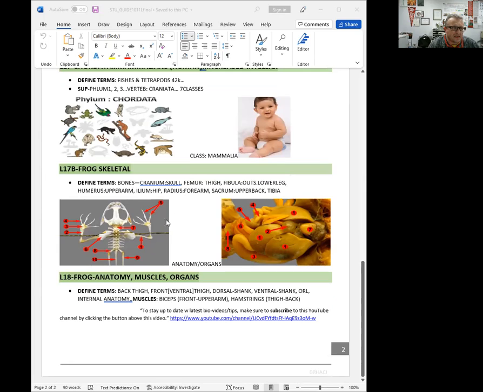Next is basically skeletal, muscle, and organ systems. The American bullfrog is our model organism here in labs 17 and 18. So you need to be familiar with frog skeletal anatomy, major organs, and frog muscles. There are a lot of similarities, obviously.